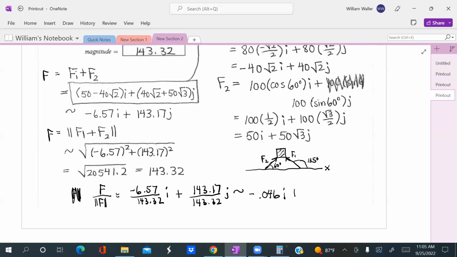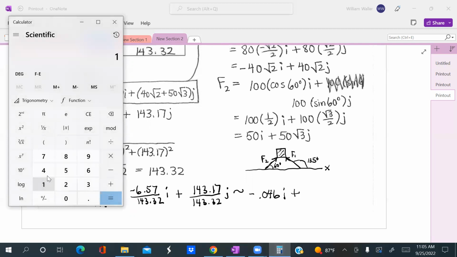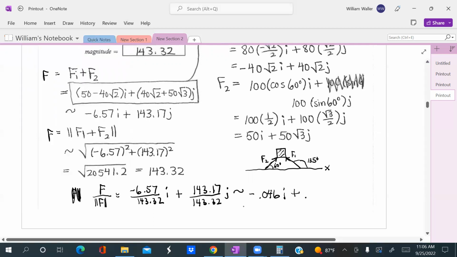And then plus, now let's do this calculation, 143.17 divided by 143.32, and we get very close to 1, really rounding off there, it's really 1, times j.